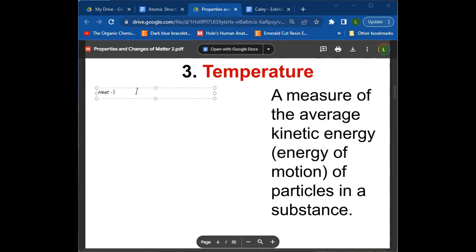Heat is supposed to be the total amount of energy, the total amount of kinetic energy. Temperature is the average amount of kinetic energy.